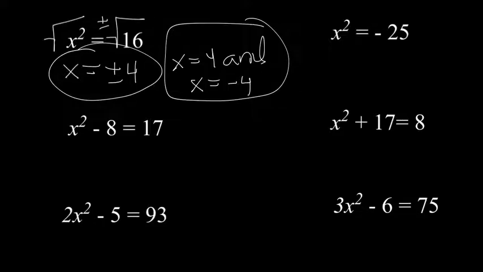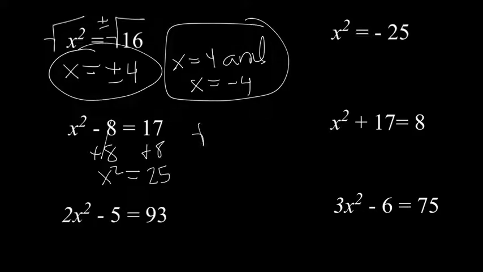Okay, now let's take a look at the next one here. This one we have to do a little bit of work in between. We do have to add 8 to both sides to get rid of the minus 8. So once we add 8 there, that's going to make this cancel out. You end up with x squared is equal to 25.